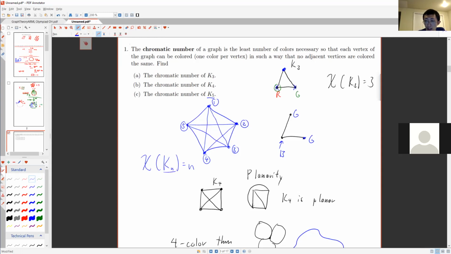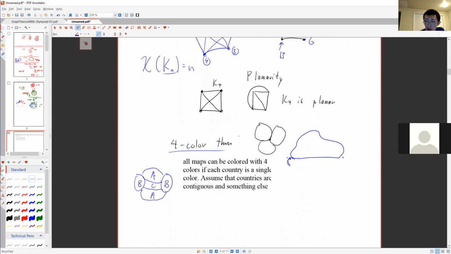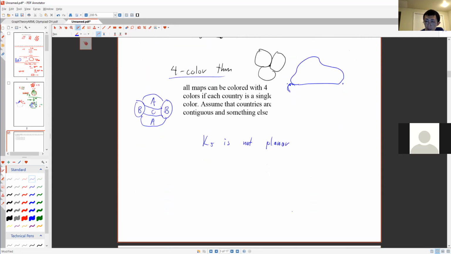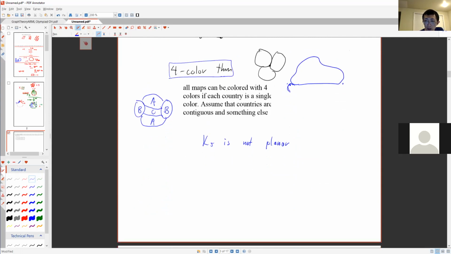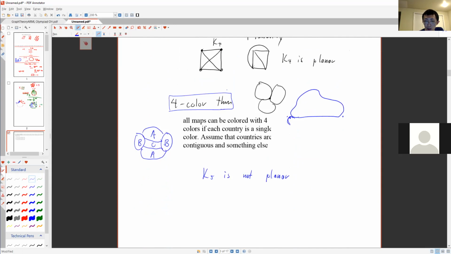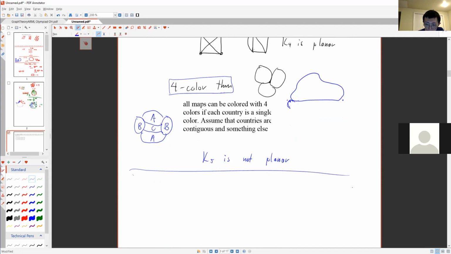So it turns out you can prove that K5 is not planar, just to tie in with that previous discussion about the 4-color theorem. I guess you could use the 4-color theorem, but that would be kind of a backwards way to do things, because that's not easy to prove.